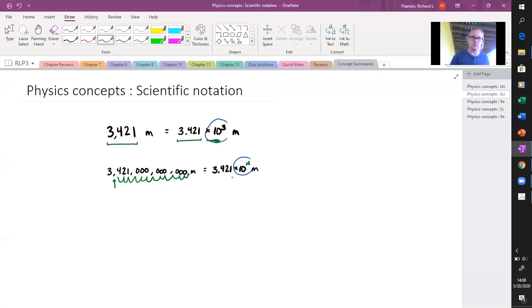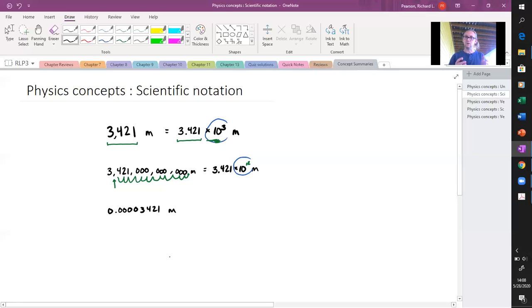But we can do this the other way too, right? So if we had a number that looked like this, 0.0003421 meters, right? Now, instead of moving the decimal from its position on the right to the left, we are now taking its position and we're moving it from the left over to the right, right?